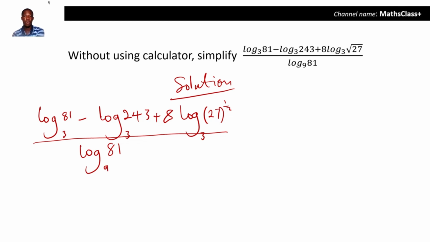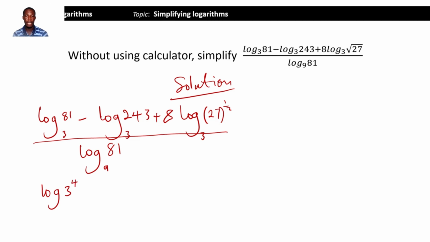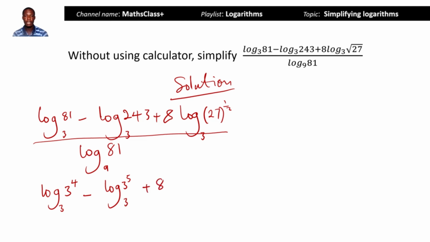Okay, so now I'll go ahead and do the simplification, and I'll write it such that each log value goes with the base value. So log 81 can be written as log 3 to the power 4 and base 3 minus log 3 to the power 5 base 3 plus 8 log.